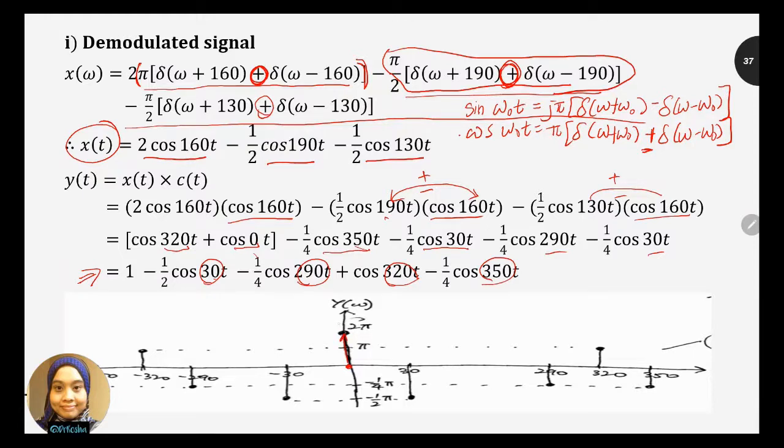Alright, this is 1. And you have 30t positive. Alright, so this is 30 and it's having negative half. So you need to put it down under the negative area of amplitude and so on. Okay, so this is the spectrum. For this area is USB, this one is for LSB.